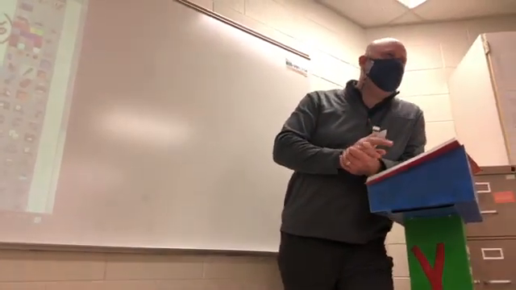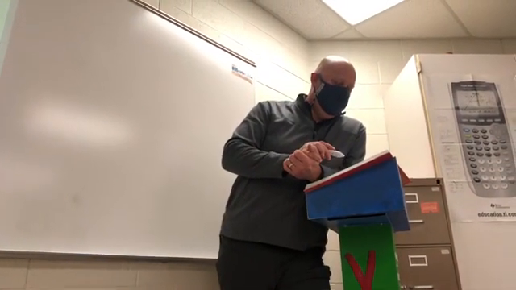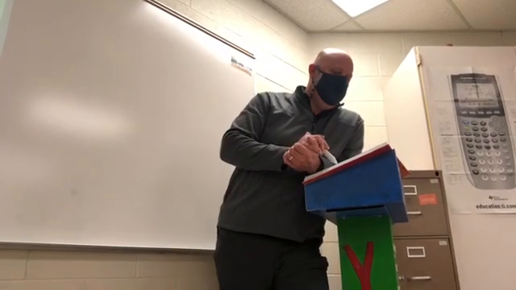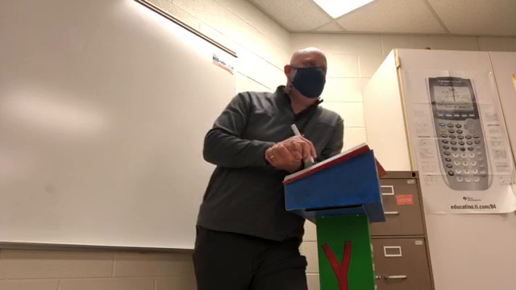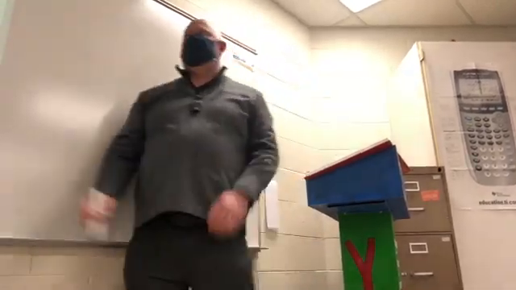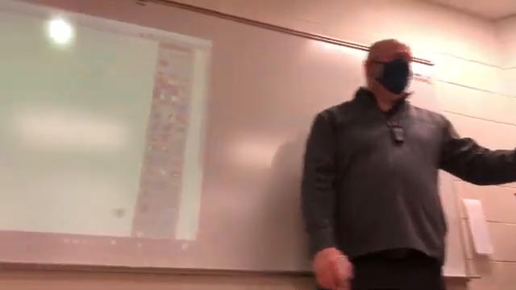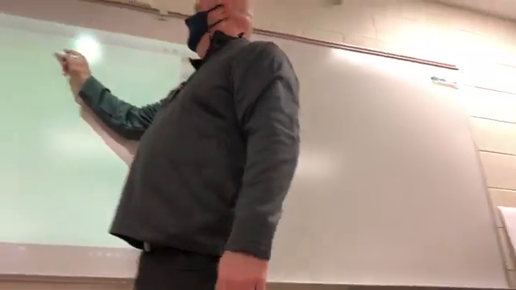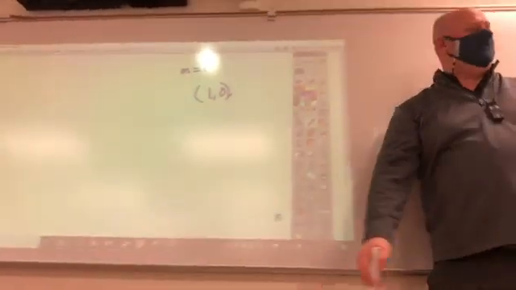Okay, everybody take a look at page 345. Let's do a few of these. Super easy. Number one, they gave you the slope as 1, and they gave you the point 1, 0.